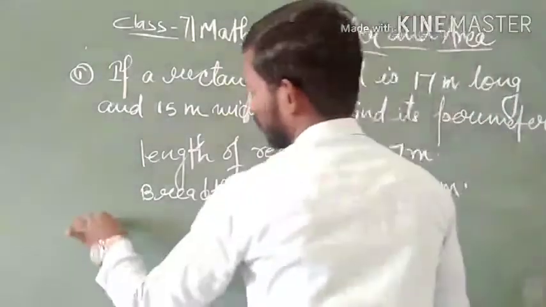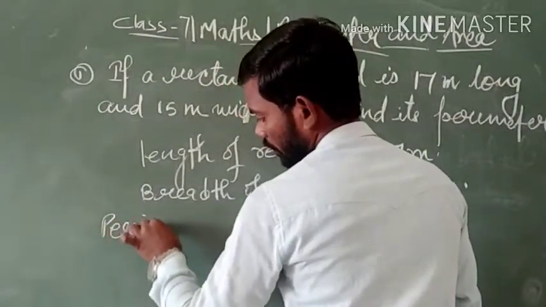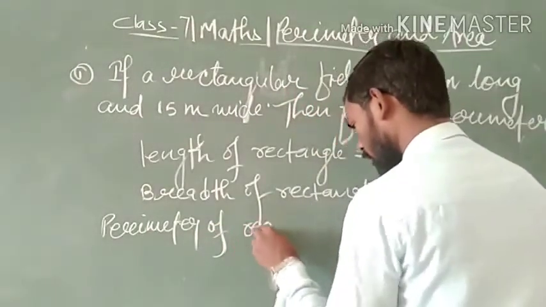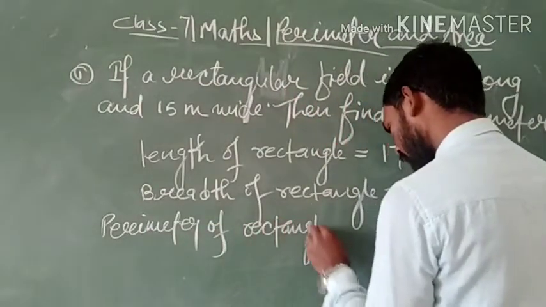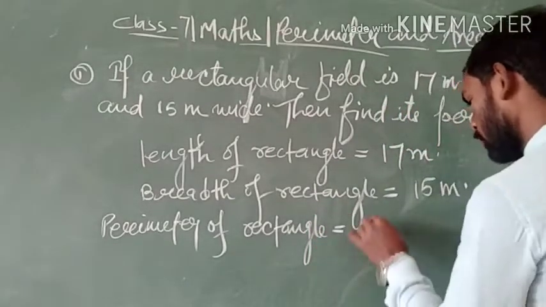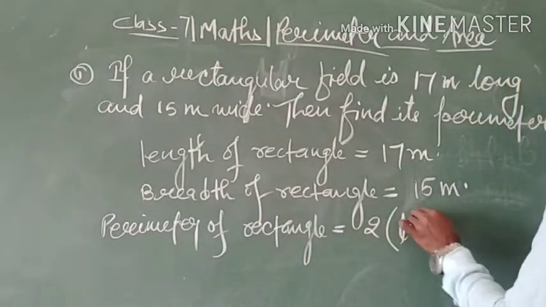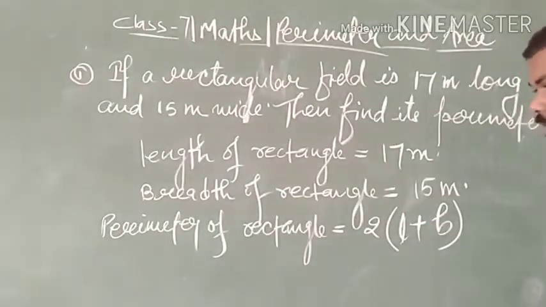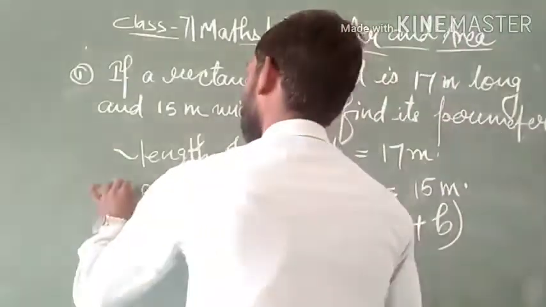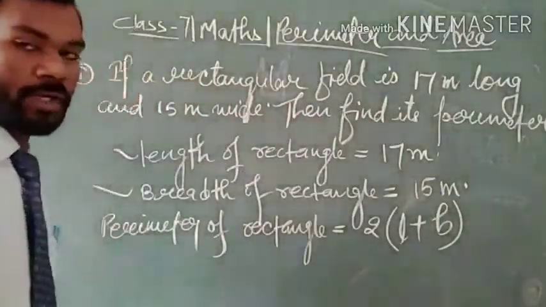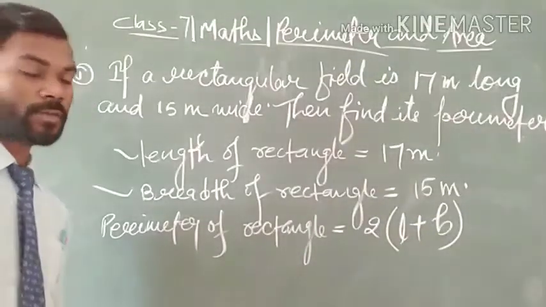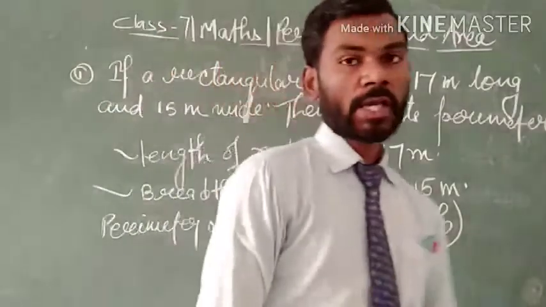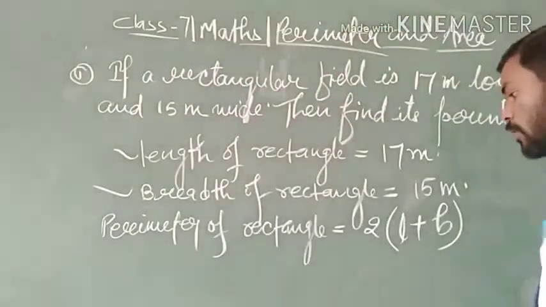Now we know that perimeter of rectangle will be equal to 2 into (length plus breadth). So these are the given quantities in the question, and this is our formula. Now we shall put the values in the given formula.